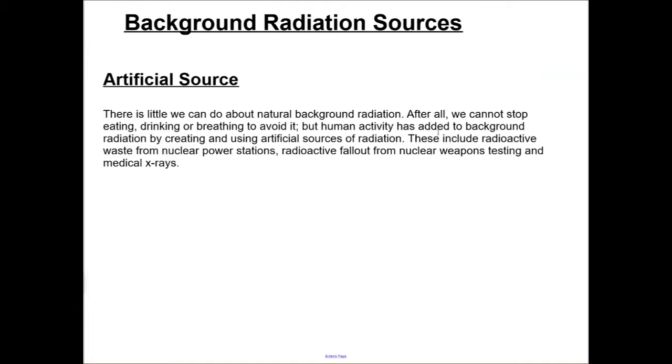There are also artificial sources, basically man-made, or because of human activities. Because of human activities, we also contribute to this background radiation. Some of these activities are nuclear power stations, radioactive fallout from nuclear weapon testing, and medical X-rays.